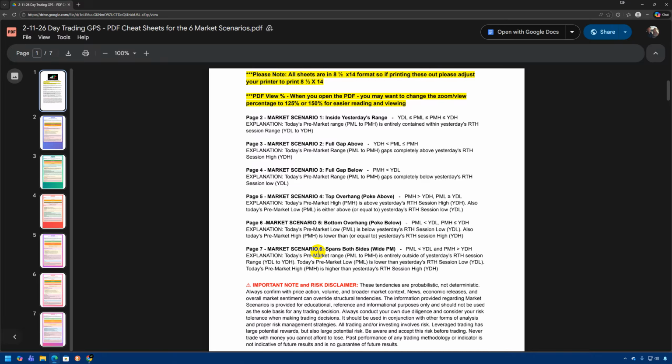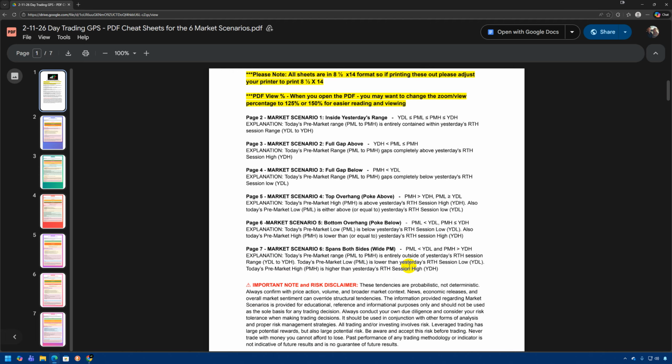This is the highest volatility scenario of all the scenarios. Today's pre-market range, the PML to PMH, is entirely outside of yesterday's RTH session range, YDL to YDH.